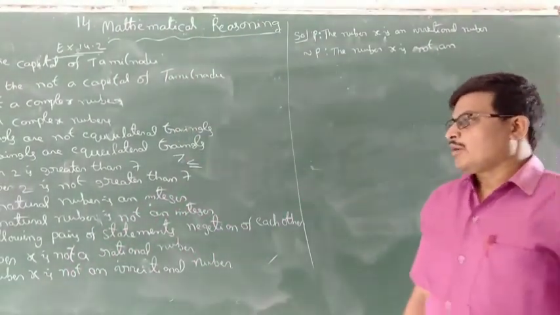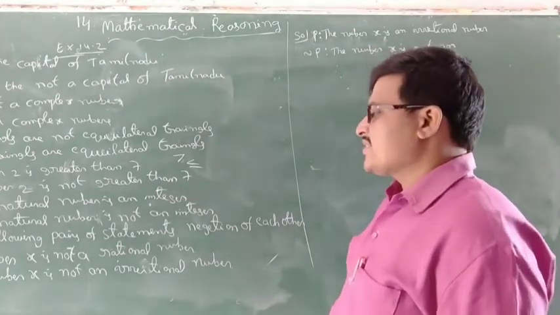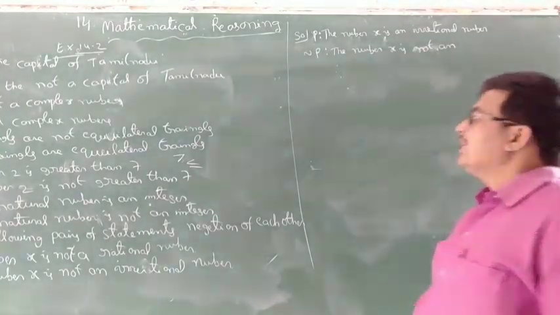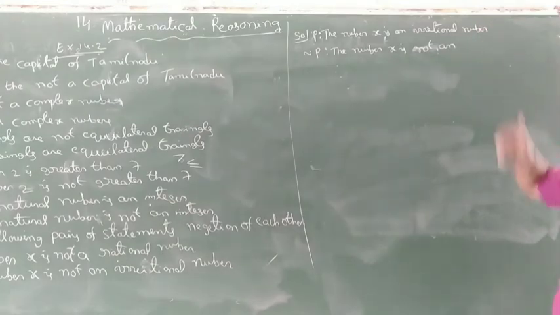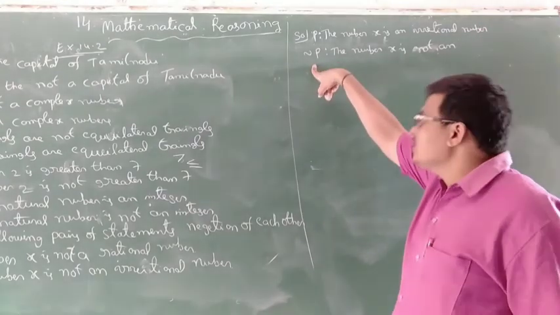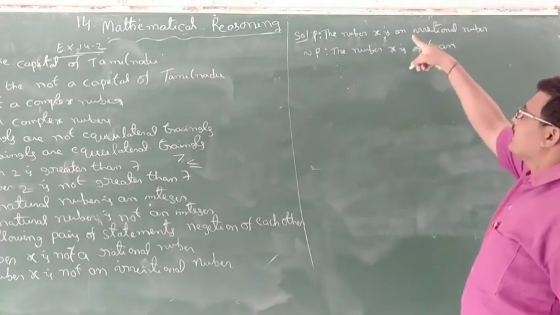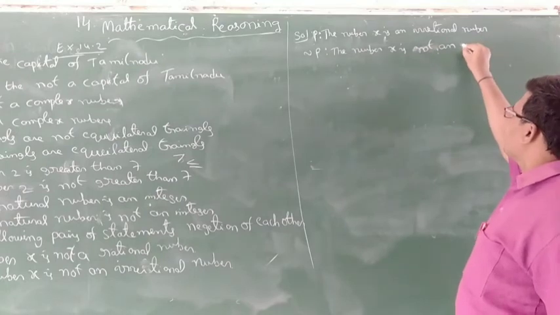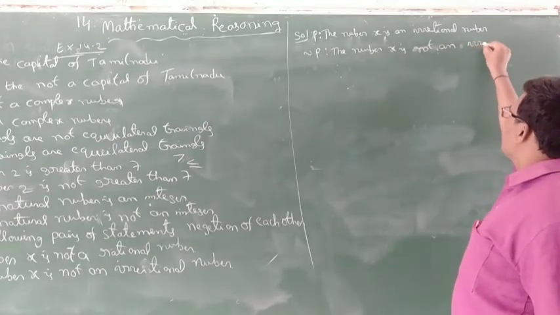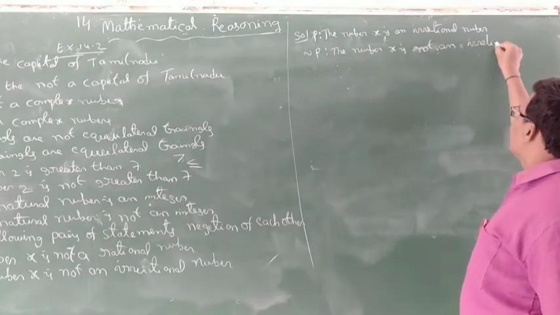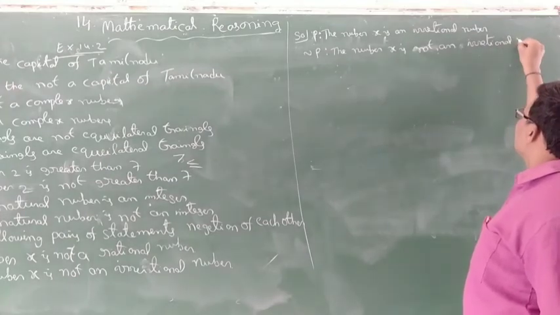Problem number two, first bit: the number x is not a rational number, which means irrational number. What is the negation of P? The number x is not an irrational number.